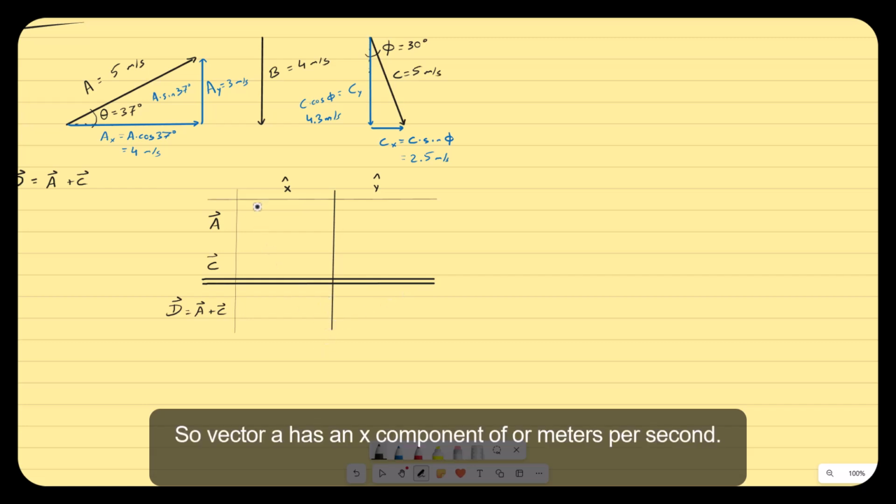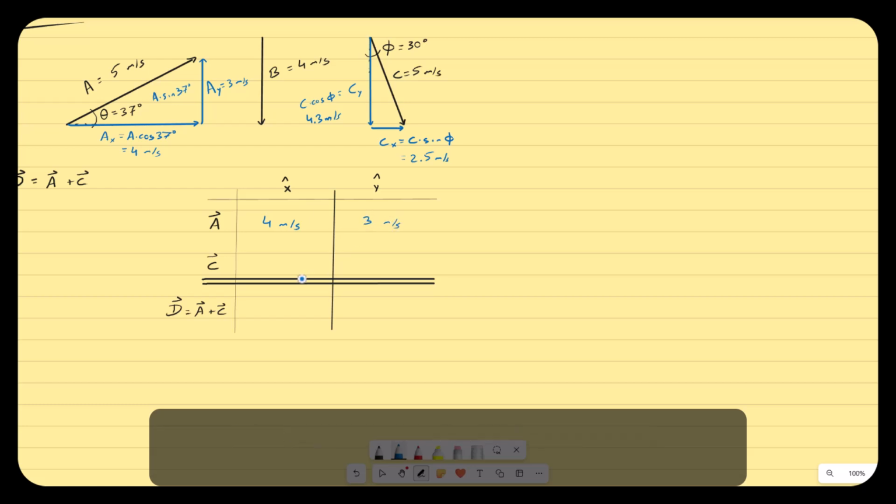So vector A has an X component of 4 meters per second, has a Y component of 3 meters per second. Vector C has an X component of 2.5 meters per second. It has a Y component of 4.3 meters per second. But it points downward, so a negative.